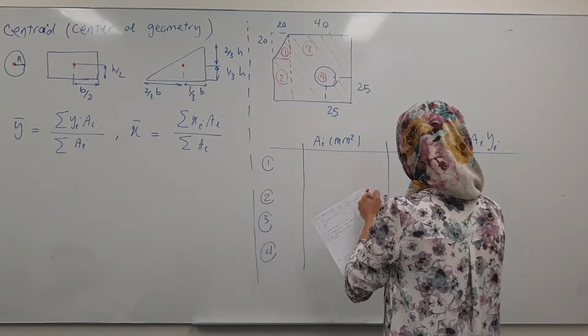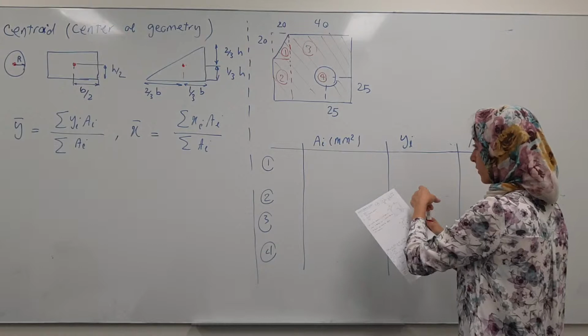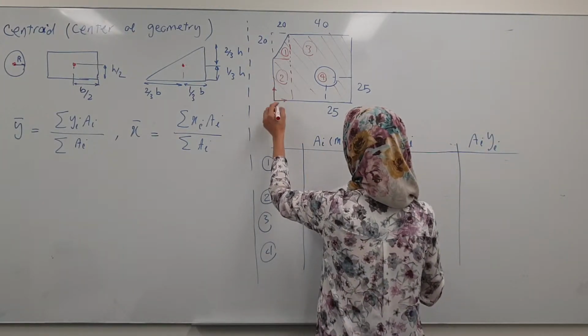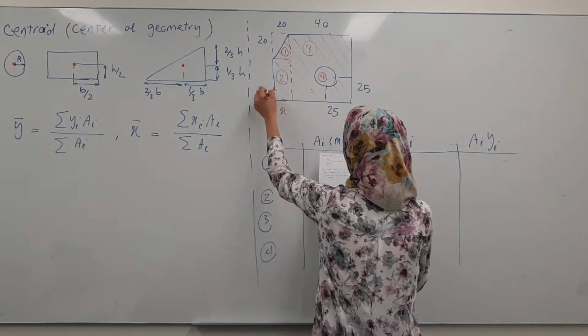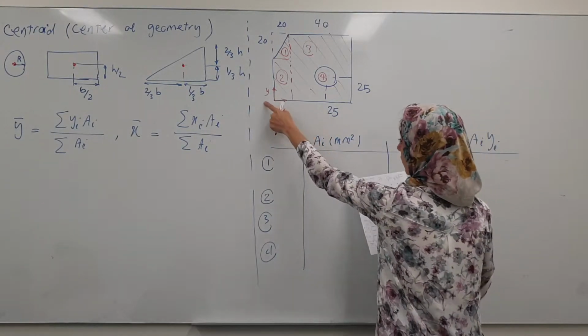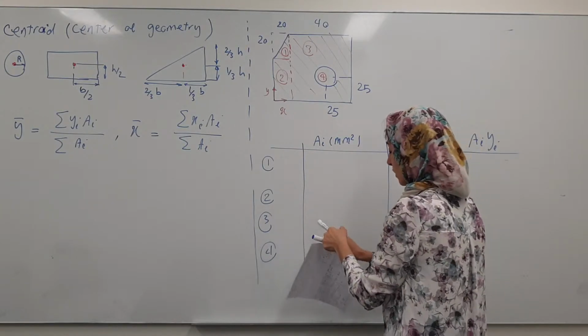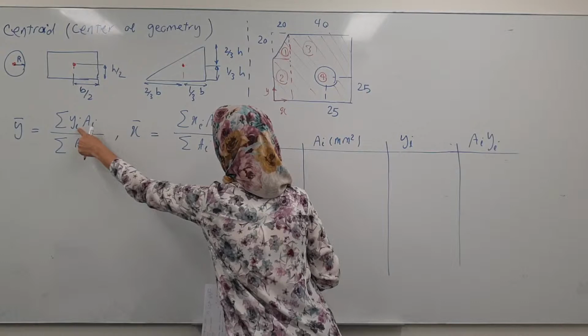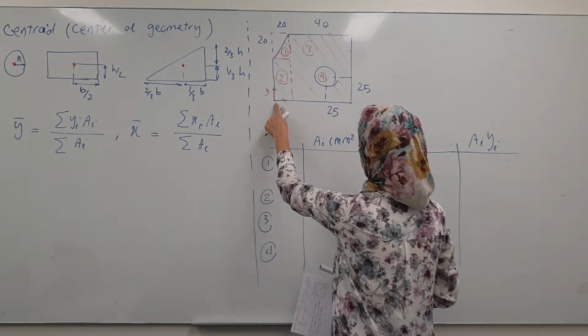Okay? I need to then define a reference point. The reference point can be anywhere, it doesn't matter. I call this one the origin, with the positive direction for x and y. And now I can use this formulation. yi should be measured for each shape from the origin.